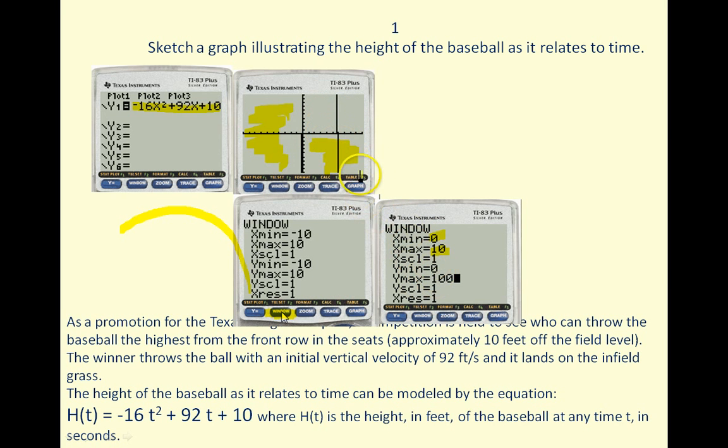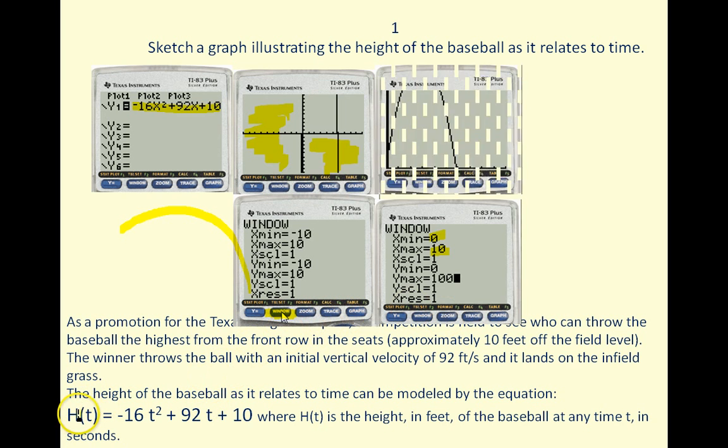And I decided, again, to get this first quadrant, that I'm going to go y equals 0, and I had no idea how high up I needed to go. So I thought I'd try 100, and I scaled that by 1 as well. Then I get something much closer to what I'm looking for. However, I still don't quite see that maximum. So I would think in my mind, what part of my window needs to be changed?